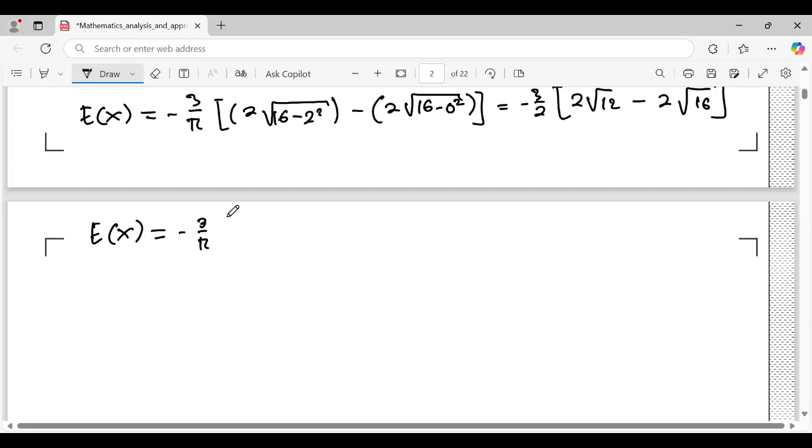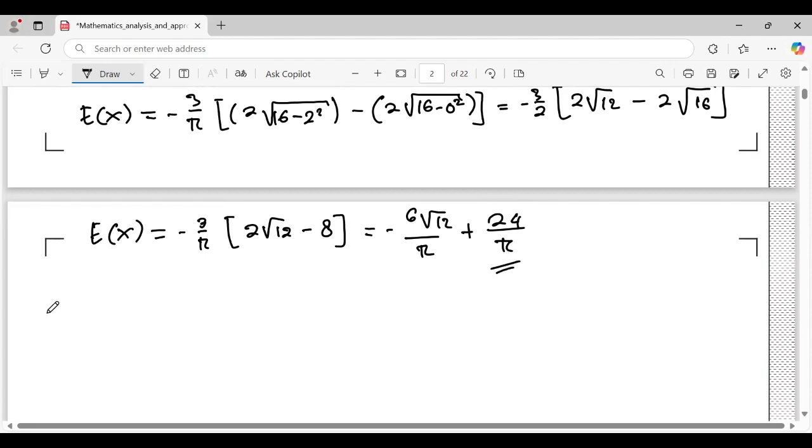I would like to simplify: square root 16 times 2 is 8, because 4 times 2. After I calculate, minus 6 square root 12 over pi minus 24, plus 24 over pi.